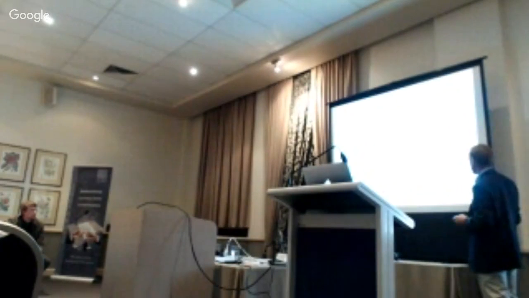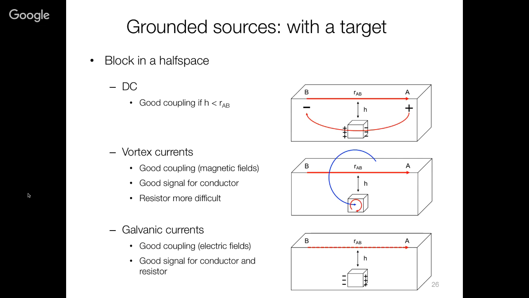In addition to that, I still have galvanic currents that were flowing through here from what I had before. And also I've got currents here that are coming from that shutoff. Those are actually going to diffuse downward, and they're going to look like a galvanic source as I come through.